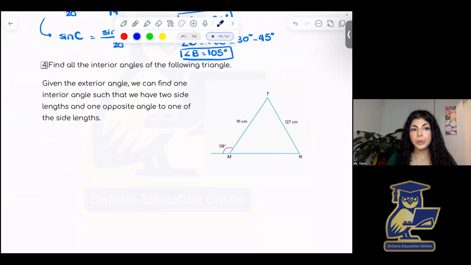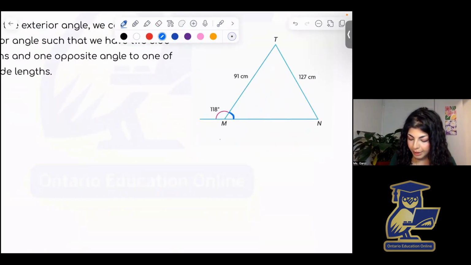Now, we're asked again to find all the interior angles of this triangle, and it is a little bit different here because we have the exterior angle given to us. But remember that any straight line forms a 180 degree angle. So if we just do this subtraction here, I can show here that this is 180 degrees minus 118 degrees is equal to 62 degrees.